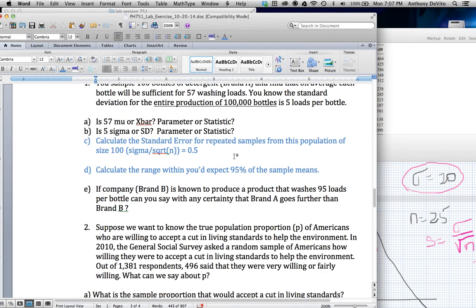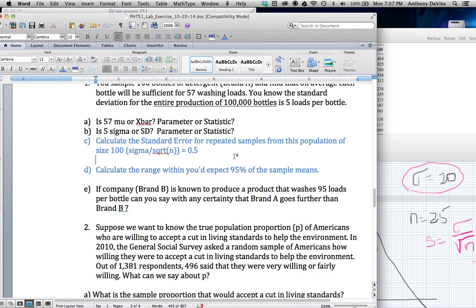I call it standard errors now because we're talking about the distribution of repeated samples of size 100. I would expect 95% of the results to be between 2 standard errors below the mean and 2 above the mean. What's the standard error? It's 0.5, right? So 2 standard errors is 1.